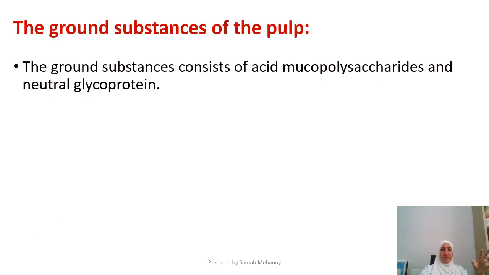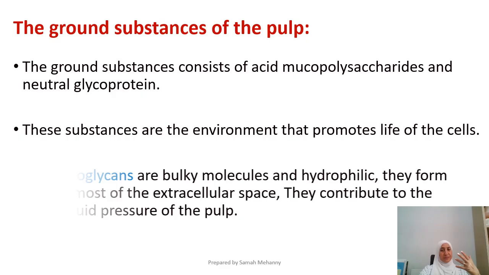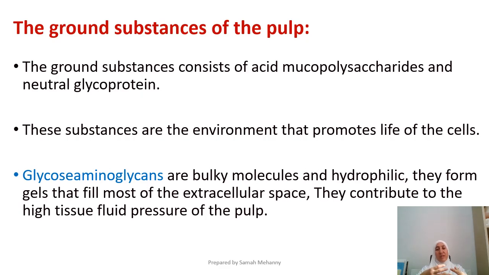The ground substance, mucopolysaccharides and glycoproteins, provides the media for the cells to move to perform mitosis if we have mitotic cells such as fibroblasts, or for differentiation of other cells. That ground substance is very crucial for the vitality of the pulp tissues.